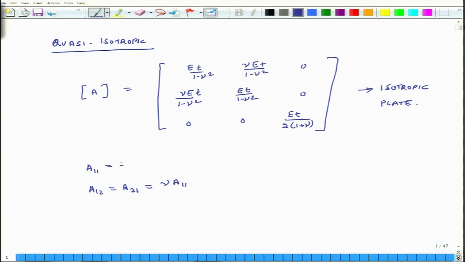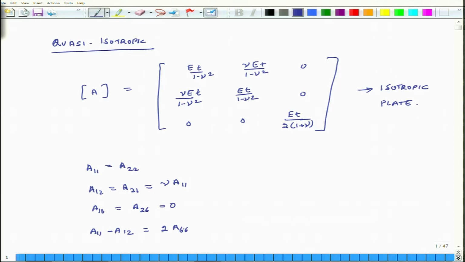The third relation is that A16 equals A26 equals 0, and finally, we can also see that A11 minus A12 equals twice of A66.